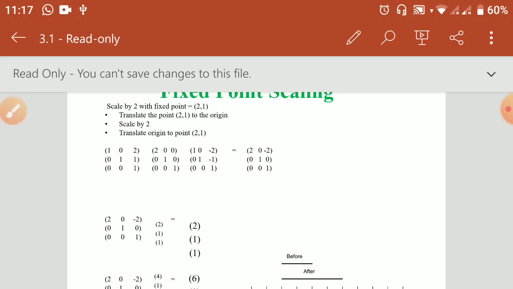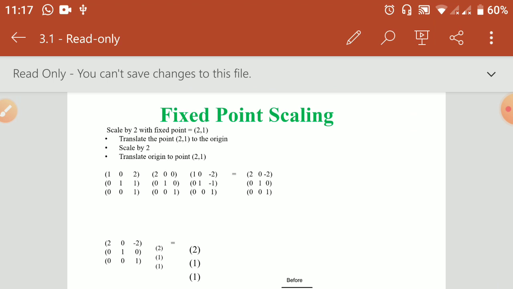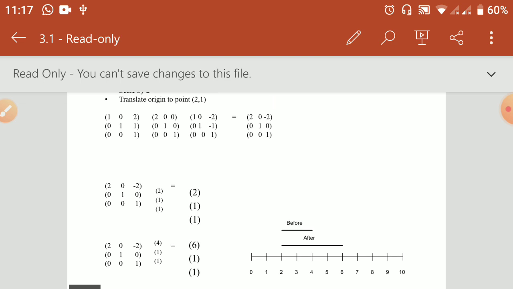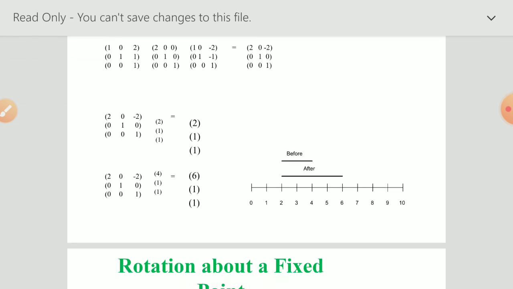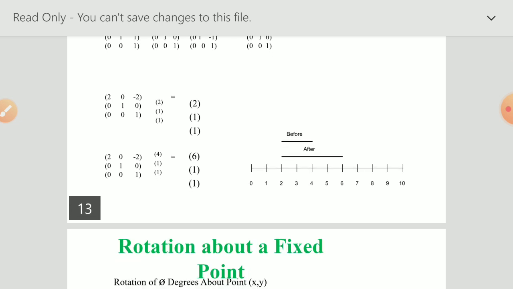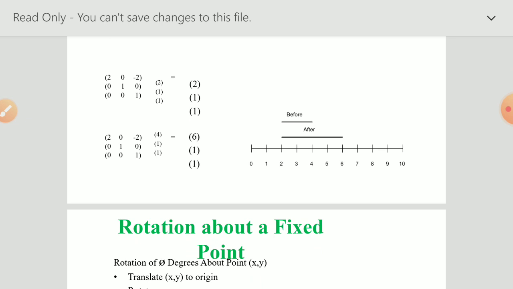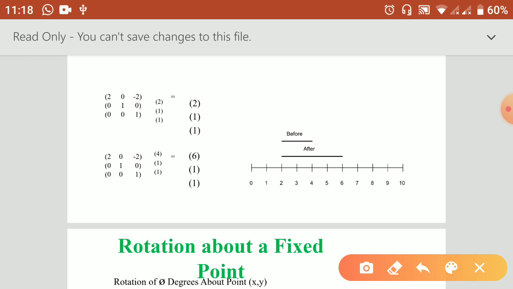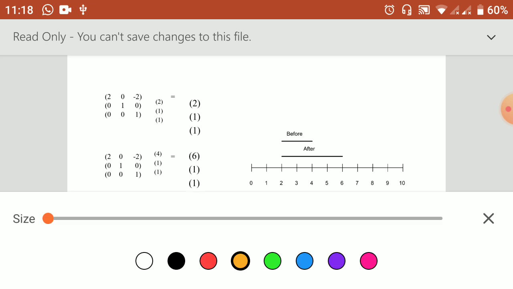So what do we have to do with fixed point scaling? Whenever we do such a transformation, either scaling, rotation or translation, when the point is not at the origin, we need to shift the point to the origin. Then we apply any transformation, either scaling or rotation or translation, then shift the object back to its original position.